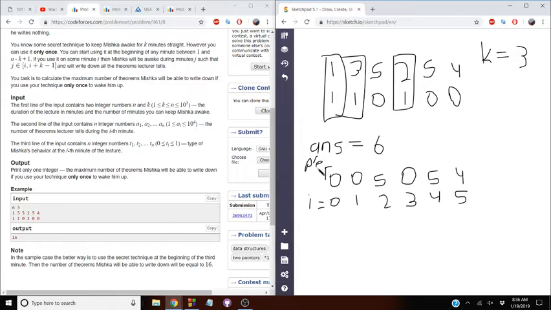I simply say prefix of i equals the sum of all the numbers from... this is loader, right? I apologize.